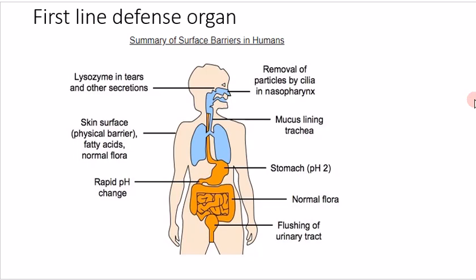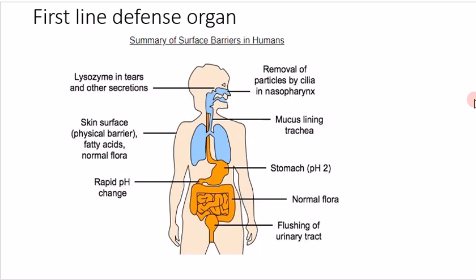In the first line of defense, like tears in our eyes, if any microbes come in contact with our eyes, there is a secretion of tears, and this actually helps to wash off all those microbes that enter the eyes.